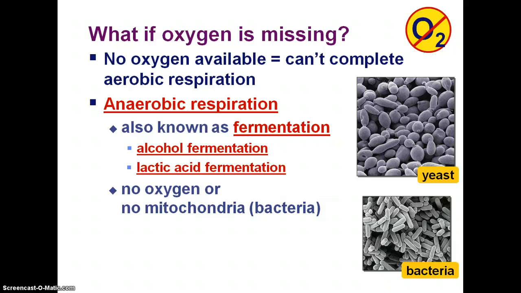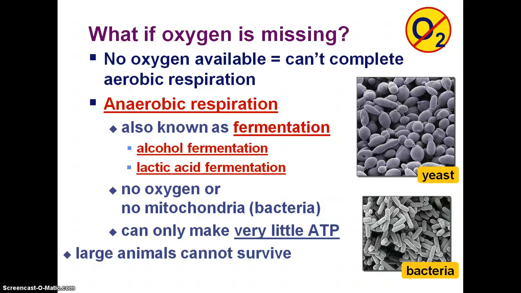Since they don't have any membrane-bound organelles, they're unable to perform aerobic cellular respiration. The problem with anaerobic respiration, or fermentation, is that you can make very few ATP. With aerobic cellular respiration, you get 36 to 38 ATP per glucose, whereas in fermentation you get only 2. So you can imagine larger animals don't do very well using anaerobic respiration.